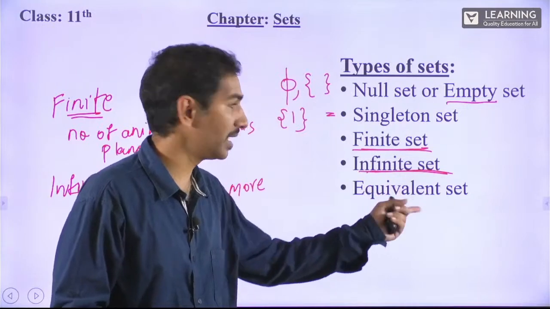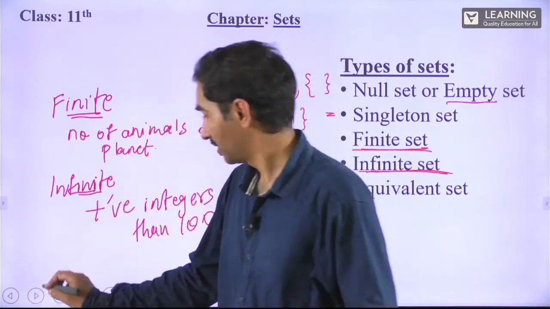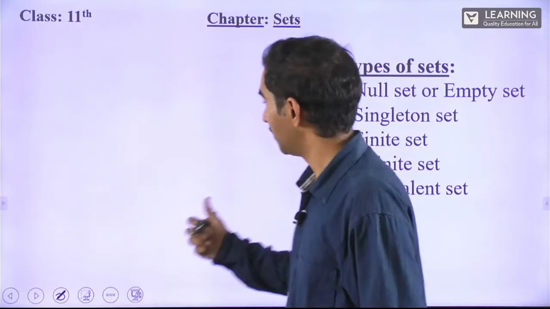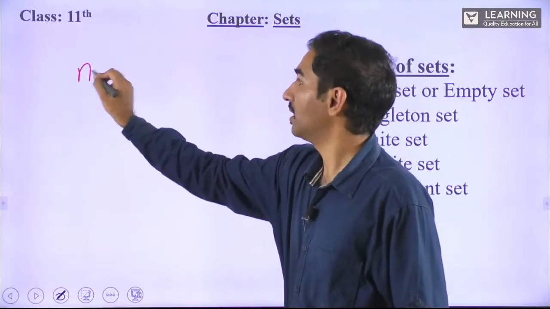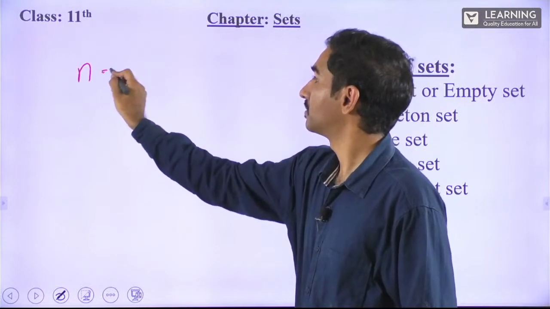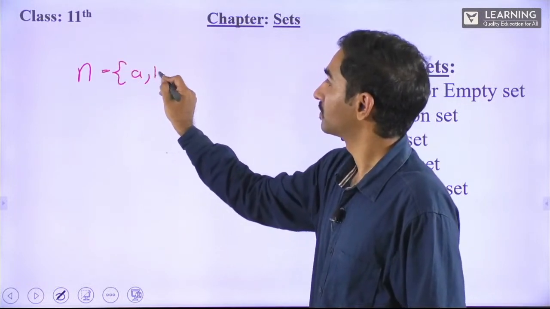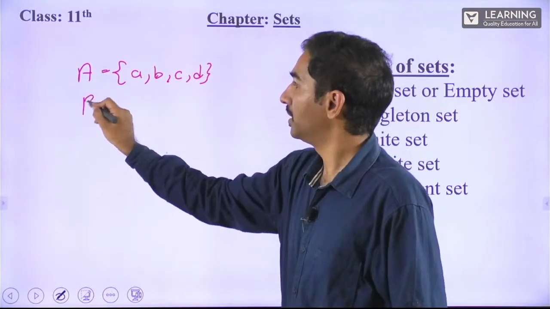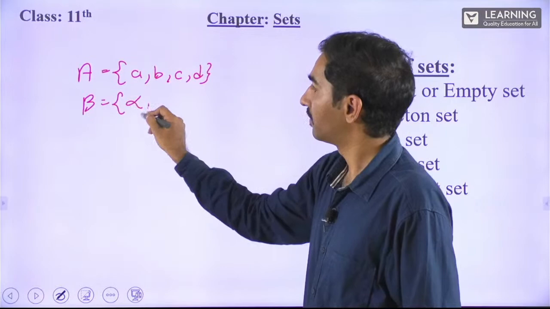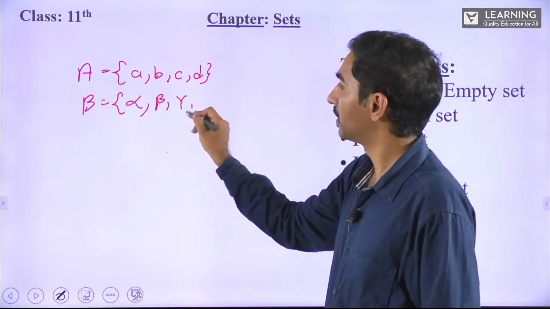Okay, I have left out equivalent set, one more set. So what is the meaning of equivalent set? Students, very simple. Let us take two sets here. Let A = {A, B, C, D}. And let B = {alpha, beta, gamma, delta}.